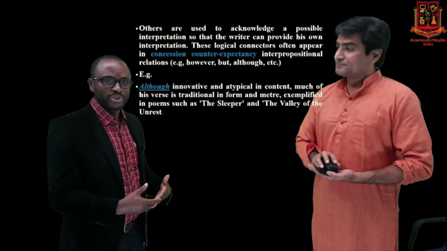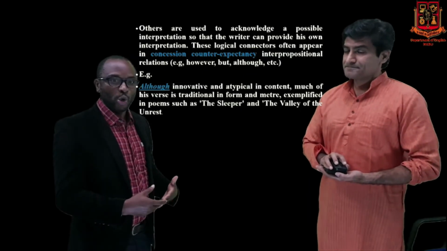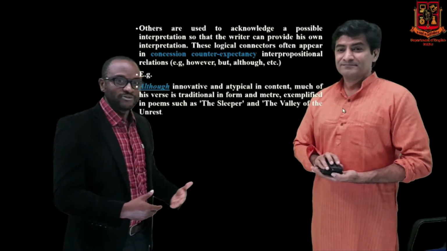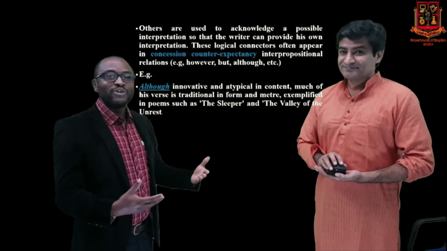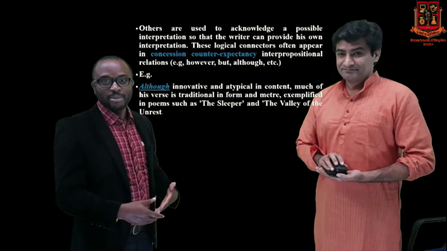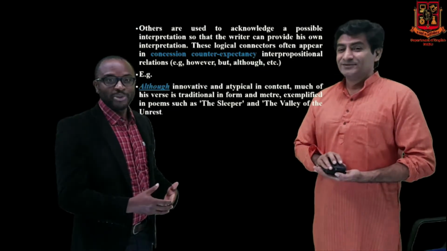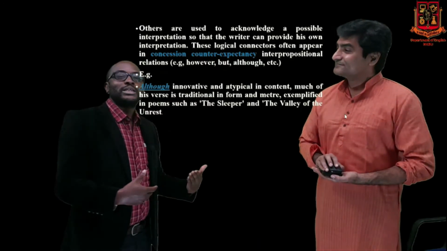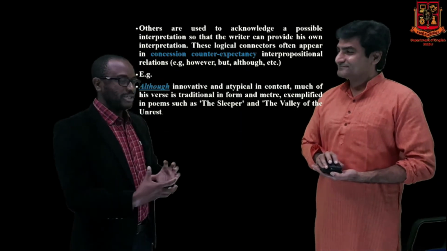For instance, if you say, although innovative and atypical in content, it means that you acknowledge that the text is innovative and atypical in content, but much of his verse is traditional in form and meter, exemplified in poems such as Sleeper and The Valley of the Unrest. It means that even although it is innovative, there is something else that is not good for the text. That is the argument you are making.